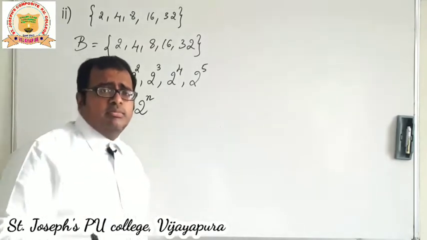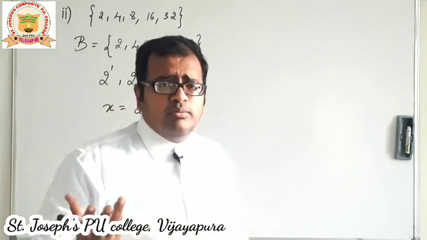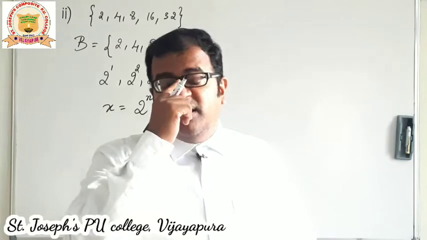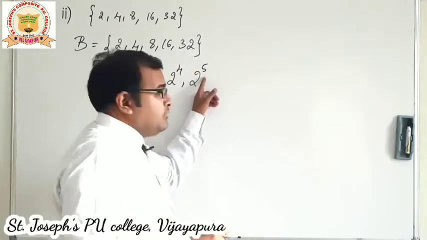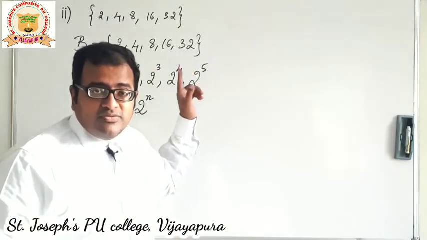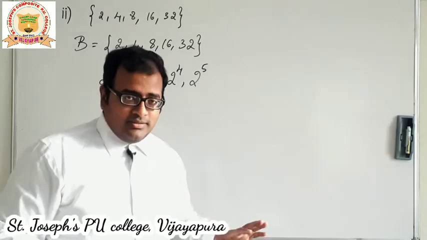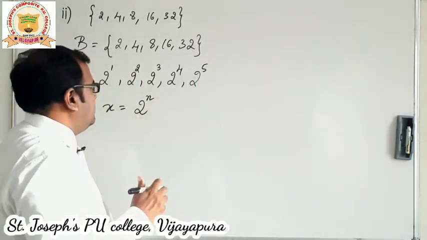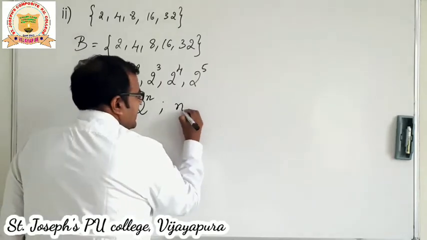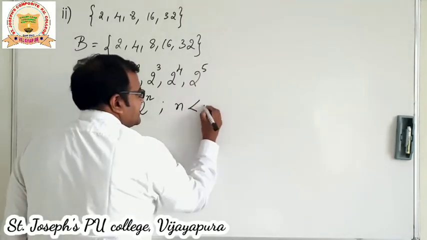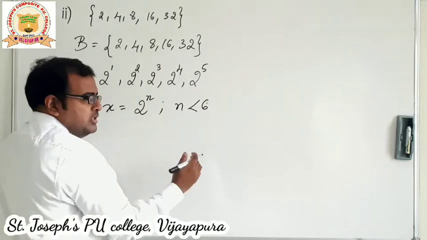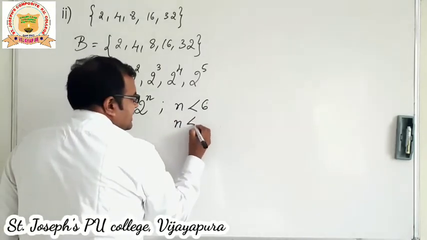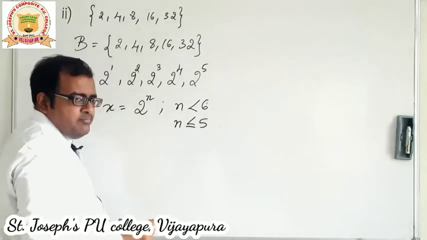What about the speciality of those numbers? They are all natural numbers starting from 1, and the last number is 5. So it should be less than 6, or less than or equal to 5, like the previous problem. So you can say n is less than 6, or you can write n is less than or equal to 5.